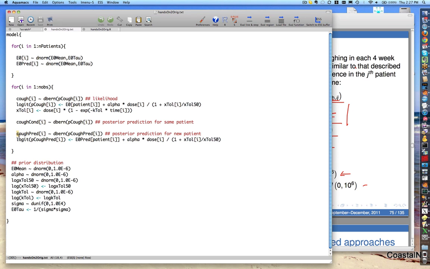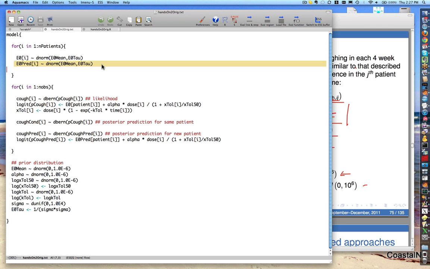In addition to having essentially the same likelihood function, the right-hand side changes because I've now got what I've called peak-off pred, which is a simulated value for an individual specific random effect in here, and so I have to calculate that using a simulated value for the baseline value, our E0 pred, which I have to in turn generate up here within the loop that's looping over patients.